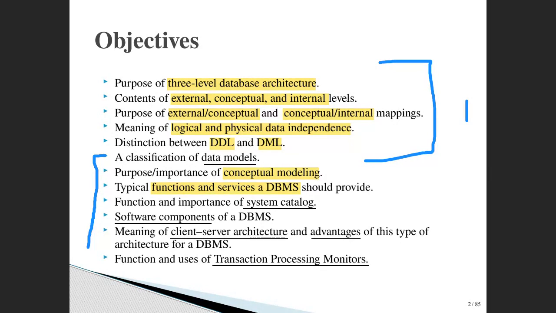All right, so in the first part, we will focus on the representation of the database in 3 levels or 3-level architecture: external, conceptual, and internal. Then we will talk about the data models and other functionality of the database management system.